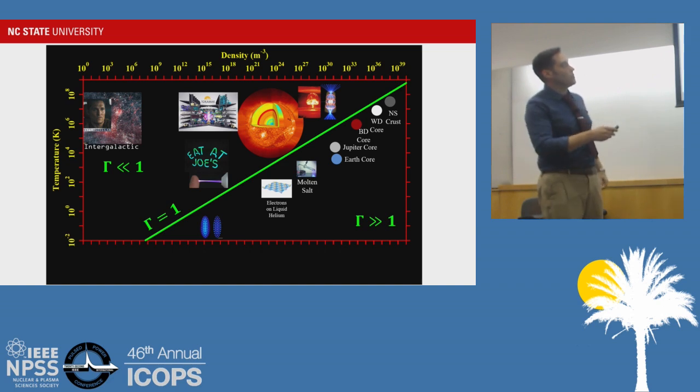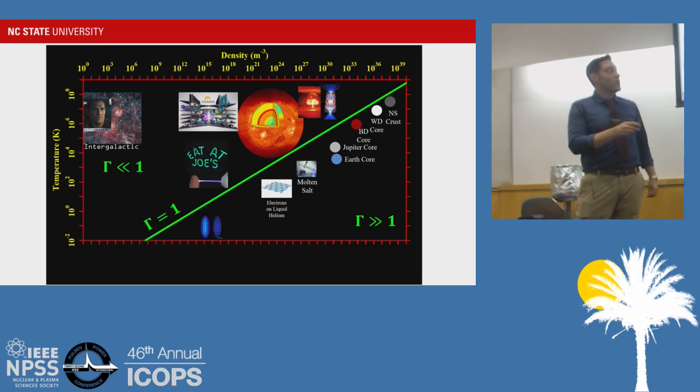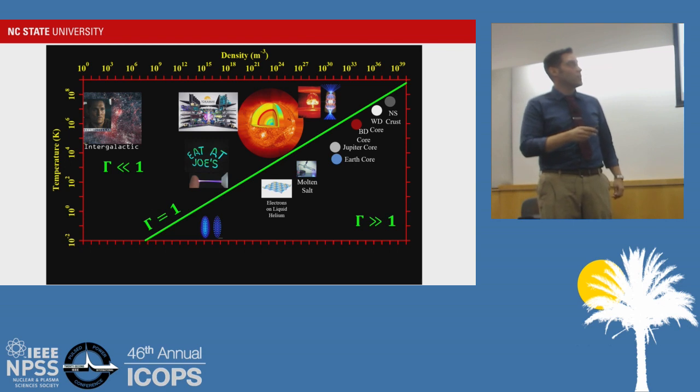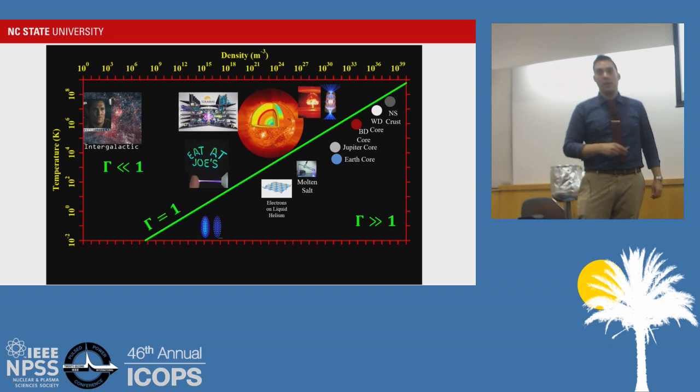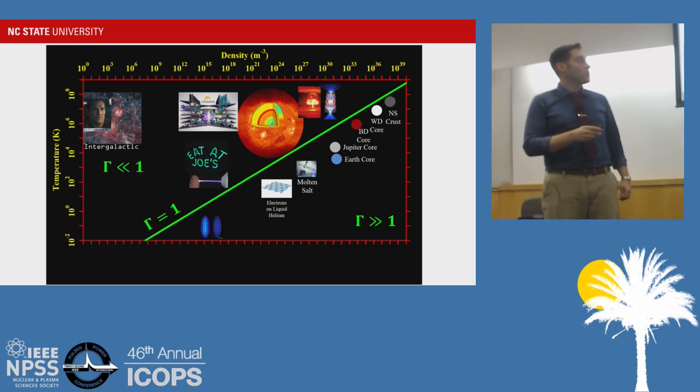So you can see your usual suspects, interstellar media, intergalactic media over here, pretty hot actually, but very dilute. And you have tokamaks over here. The sun has many different densities and temperatures inside of it, so it occupies a fairly large range. And at pretty high density, you have nuclear weapons and inertial confinement fusion.